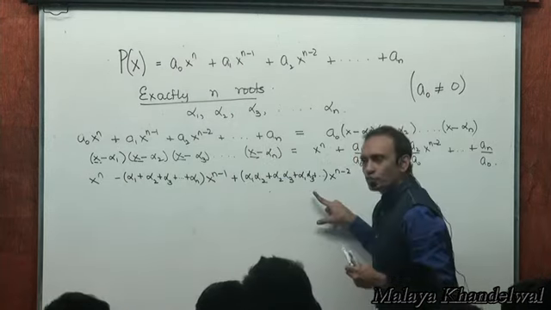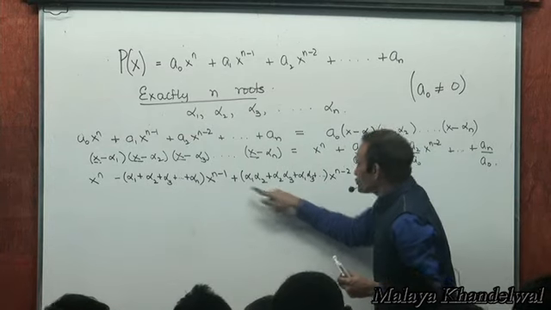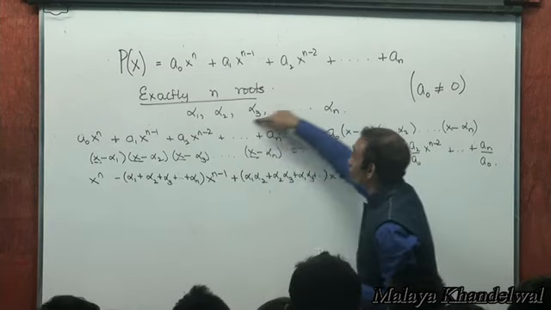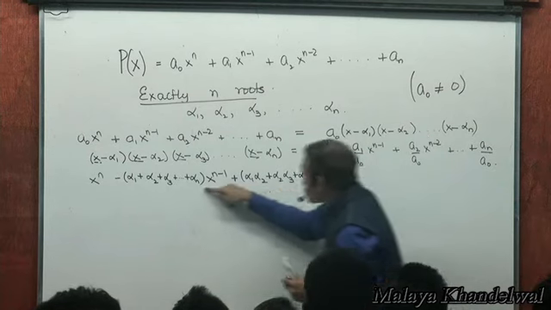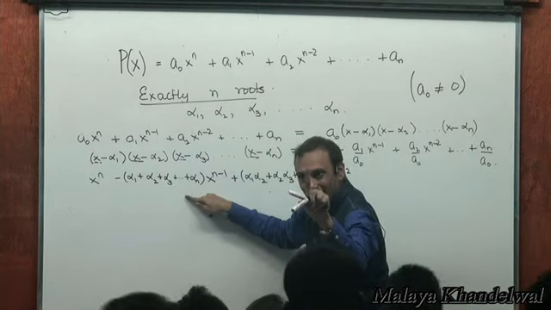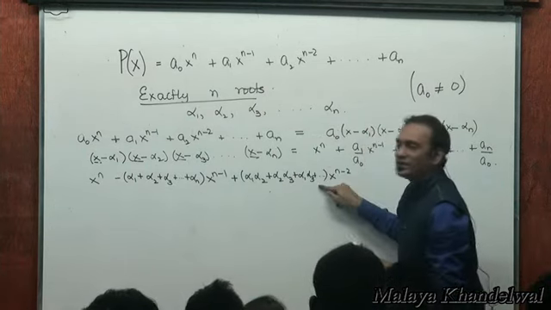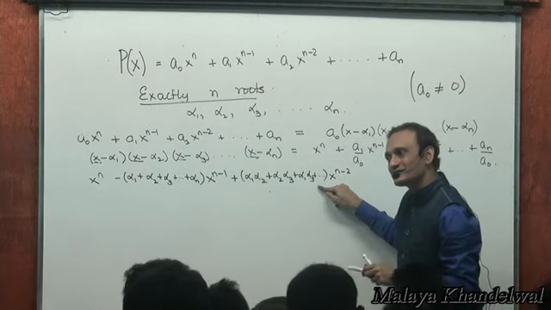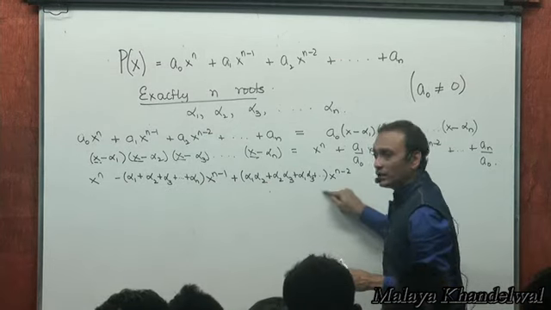All two pair products would be obtained. This would be the sum of the product of these numbers taking two at a time. This is the sum of the product taking one at a time. And how many terms would be there in this? nC2 terms. Sum of the product taken two at a time.